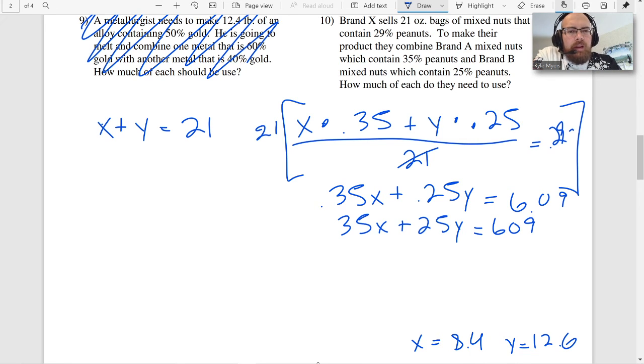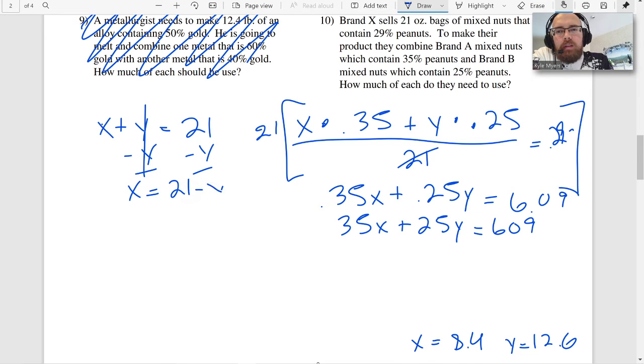Okay, 35 and 25 are pretty much only going to have 5 in common. 609 does not divide by 5, though, so we can't really do anything with that. So what we'd have to do is multiply this other equation, or we could do substitution. Substitution might be easier, actually. Let's do substitution method. We could do elimination method, but substitution, I think, might be easier.